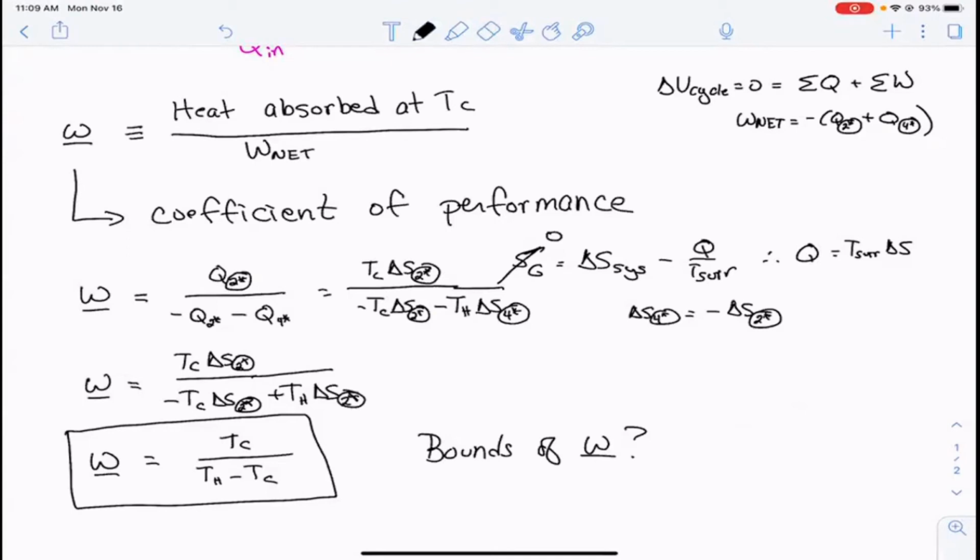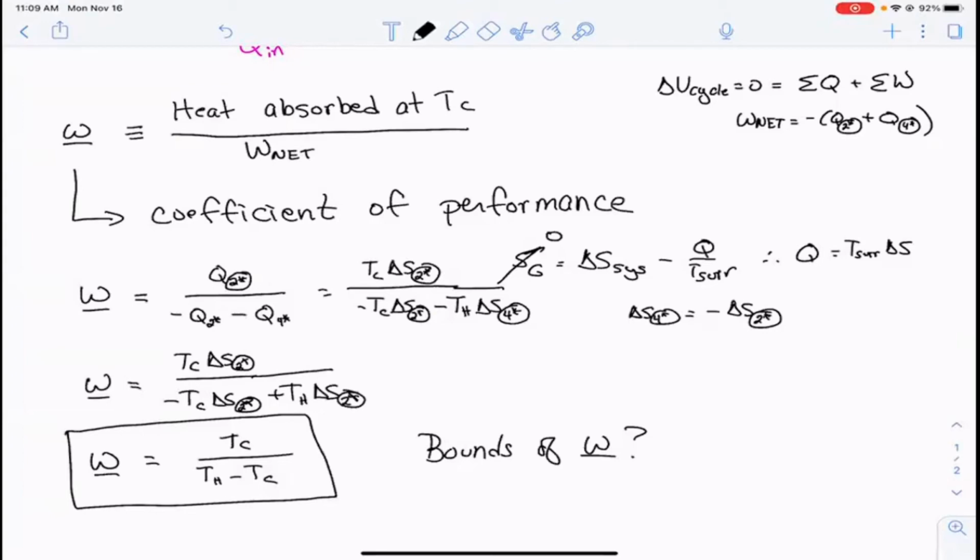Would it be the opposite? What would you mean by the opposite? They'd have to be greater than 1? I'd say greater than or equal to 0. All right, anybody else? It's gotta be greater than 1, because T hot is bigger than T cold always, so it's gotta be bigger than the difference.